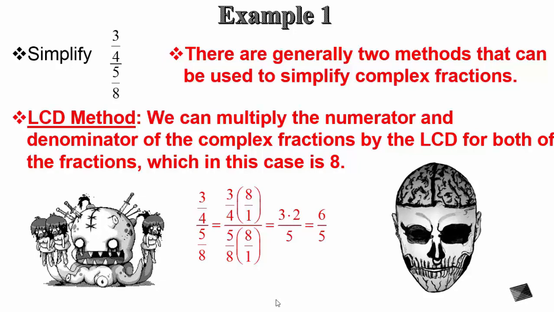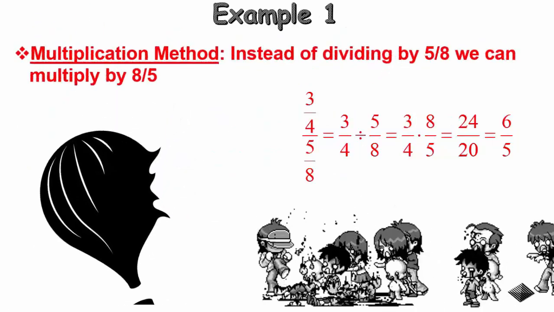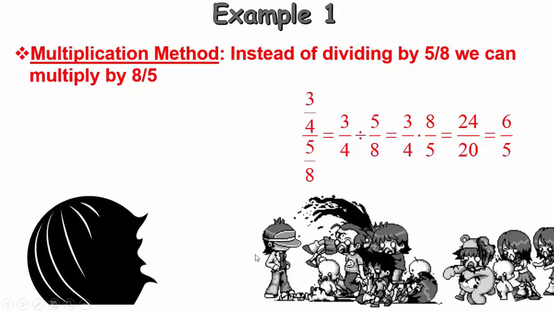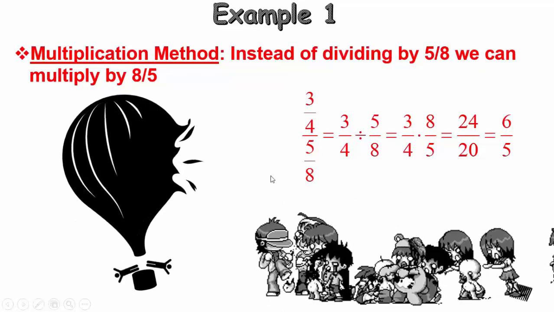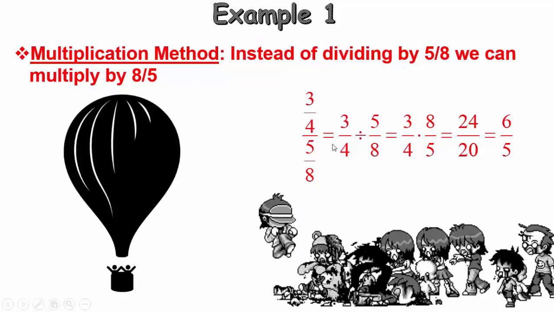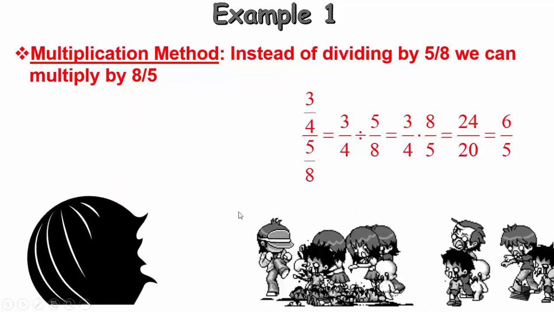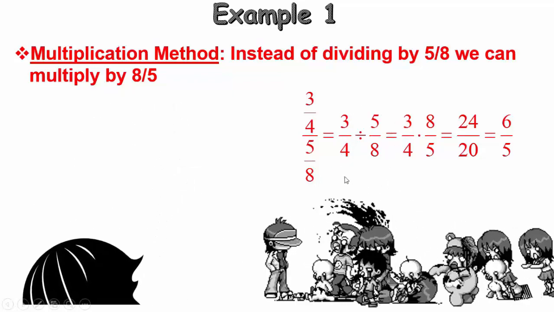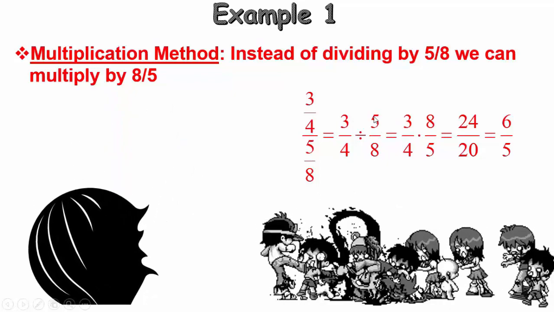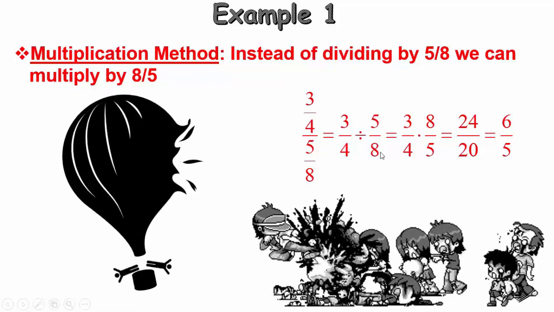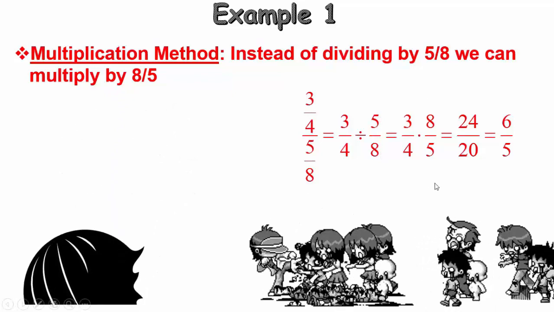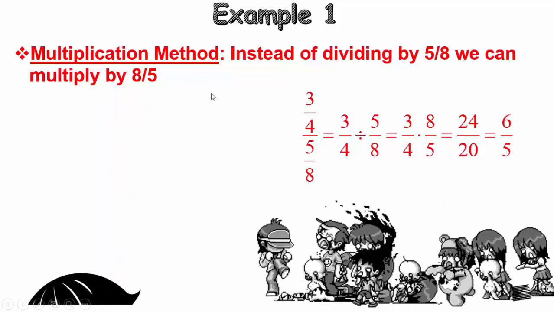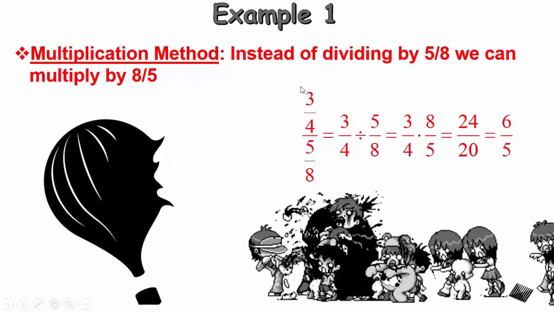Let's try the other method, and this would be the multiplication method, or turning it into a regular division problem. So instead of dividing by 5/8, what we do is we turn this into a regular fractional division problem, and then, as one usually does in a regular fractional division problem, we turn this upside down, turning it into a multiplication problem, and that's why this is called the multiplication method.